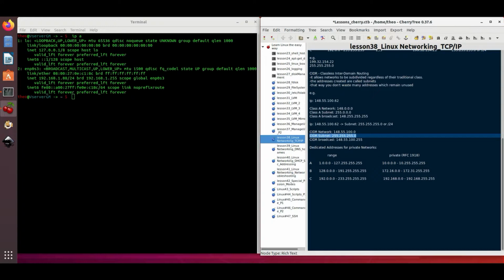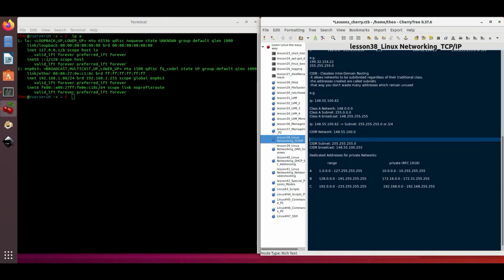You just take this octet that you use and you turn it to 255. And the available addresses, if you want the range that you can use in this network, would begin at 148.55.101. You can always use the next address after the network address, because you need the first one for the network.